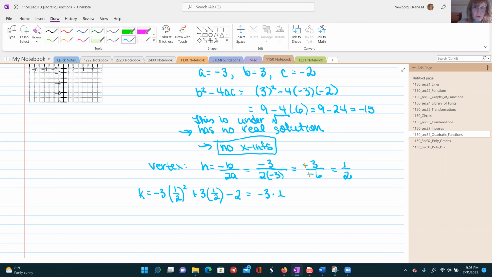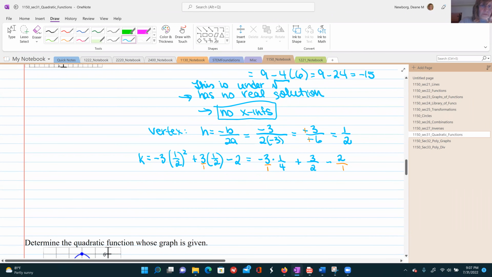So I get 1/4. Okay, let's think of this 3 as being 3/1, and in the next step, I'll think of that as also being -3/1. So let's see, plus, if I multiply those together, I get 3/2 minus 2, which I'm also going to think of as being over 1. So k is -3/4 plus 3/2 minus 2/1.